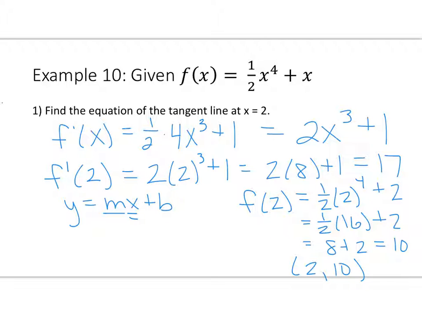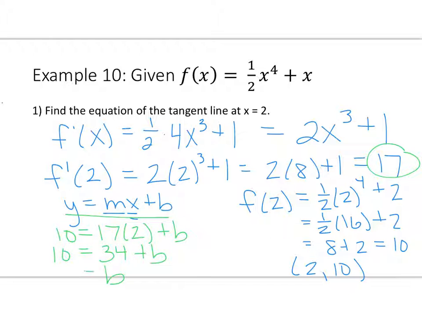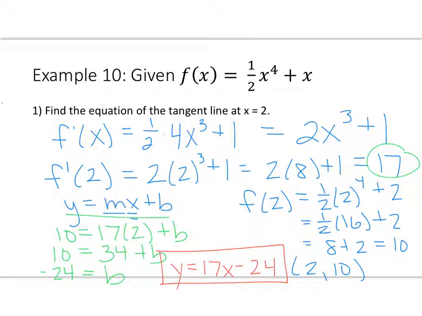So now I can come back over here, and I can say to find the equation of my line, I'm going to say 10 equals my slope, which was 17, times 2 plus b. So 10 equals 34 plus b. So I know b equals negative 24, that's my y-intercept. So then I can actually write the equation of my line, which is y equals 17x minus 24. So that's the equation of the tangent line to the given function when x equals 2.